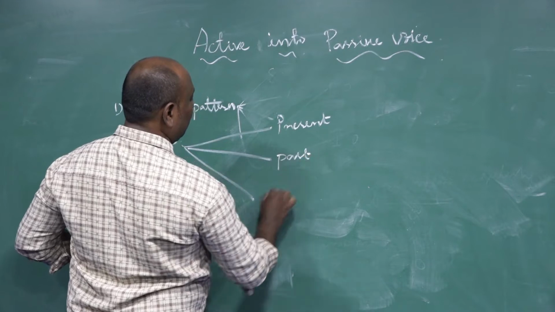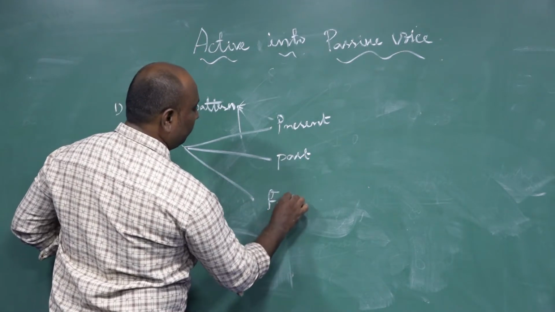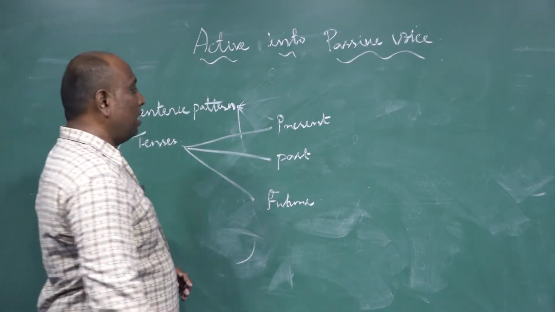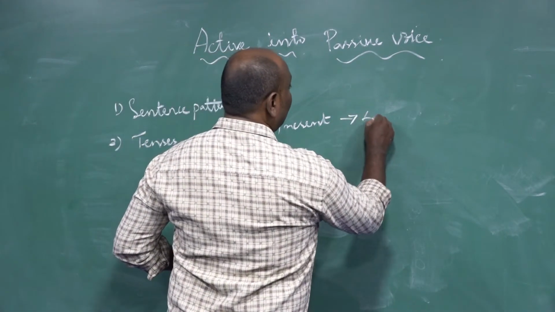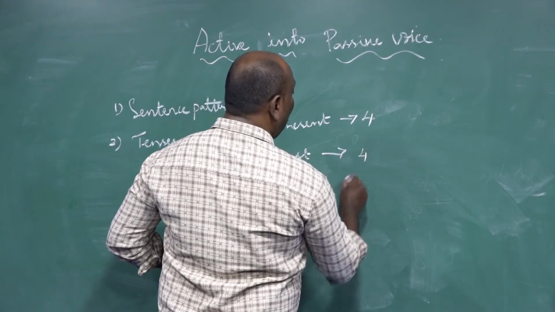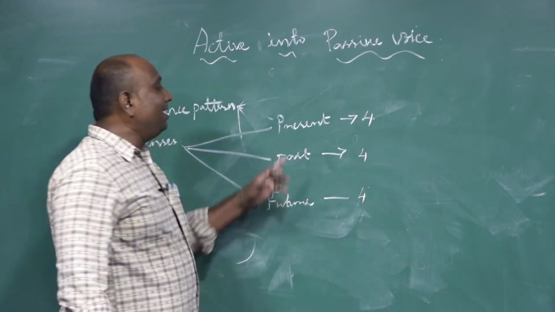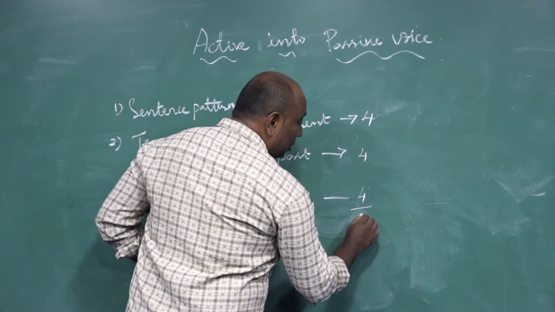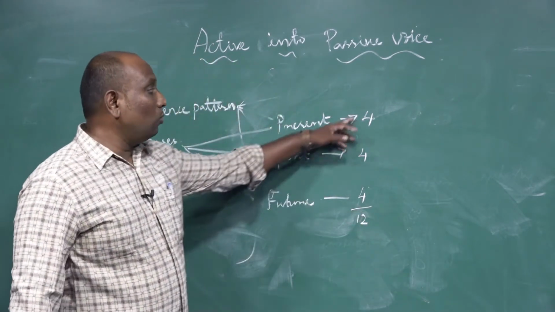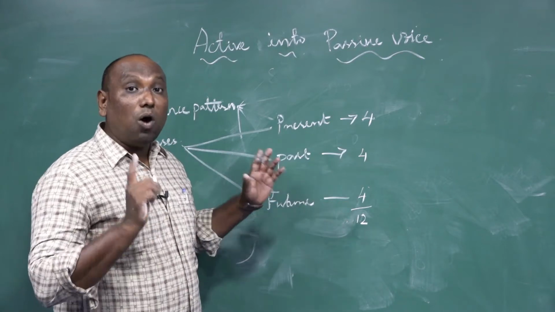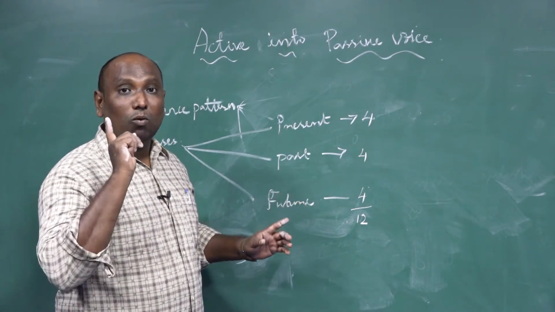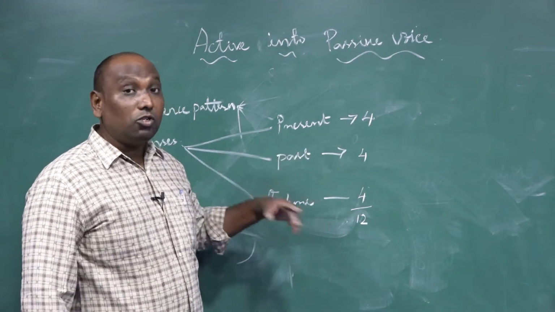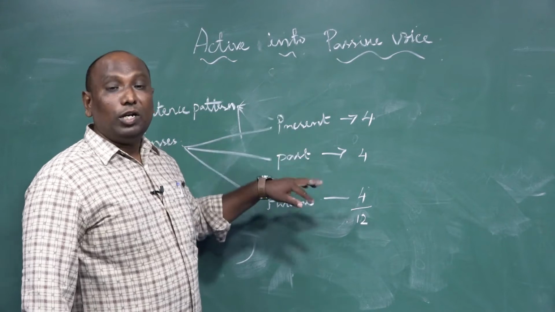But in English there are four forms in each tense, so altogether there are 12 tense forms. Forms, not tenses. Tenses are only three. How many forms are there? 12 forms. These 12 forms we must know to write active into passive.